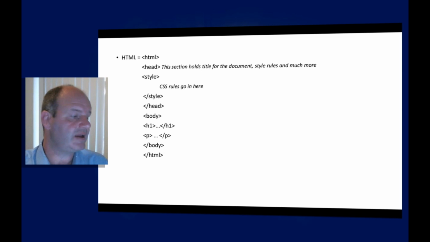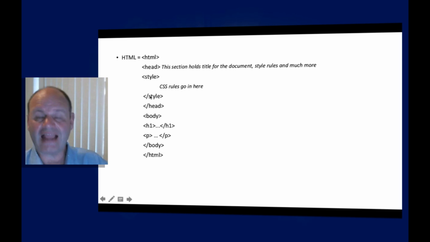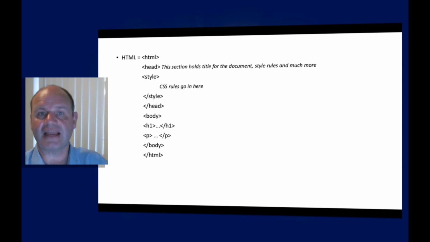Our next tag is a style tag, and these tags, the style and the close style, actually contain within them the specific cascading style sheet rules. So the style tags are embedded within the header tags, therefore the header tags contain the web page title, the keywords and the cascading style sheet rules.